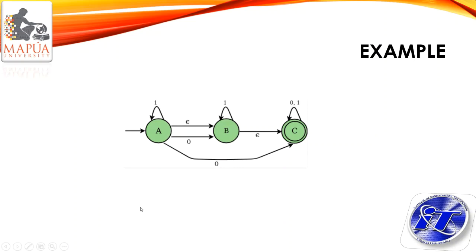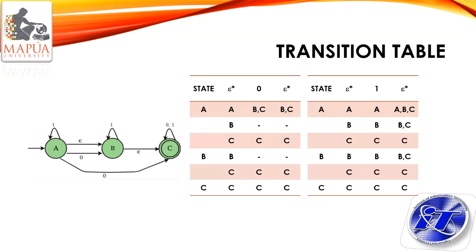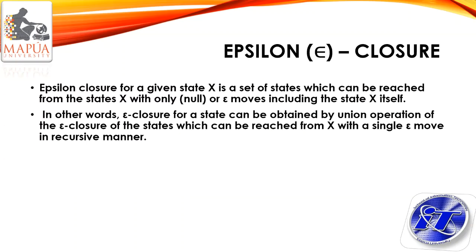Let's consider A first, all inputs, all paths, then B, then C. This is an example of a transition table that shows all paths for states A, B, C. And when we convert epsilon NFA to NFA or DFA, we need to consider the epsilon closure, which includes itself and the other states that it could reach through epsilon transitions.